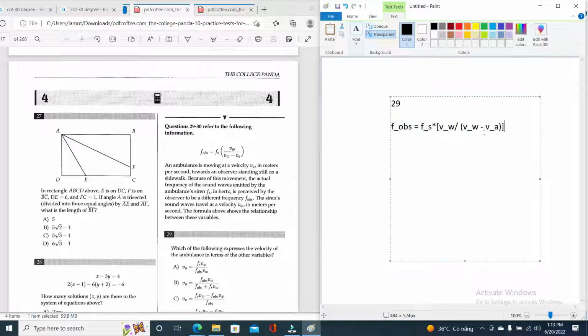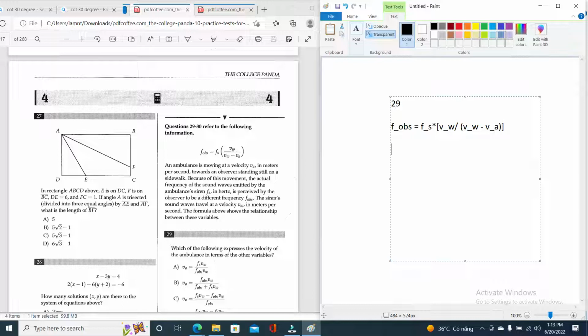The siren sound waves travel at velocity vw in meters per second. The formula will show the relationship between those variables. So now the answer is what is va.